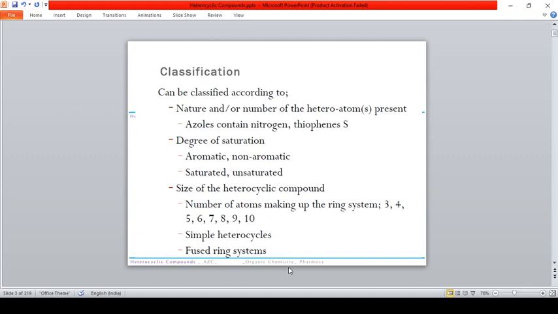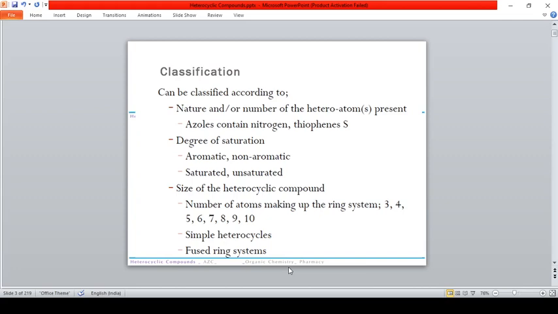Now classification. Classification can be based on the number or nature of heteroatoms present, or degree of saturation, or size of the heterocyclic compound. Now, if we have a nitrogen heteroatom, then those compounds can be called azoles. If we have sulfur, then they can be called thiophenes, and so on and so forth. The second classification is based on degree of saturation.